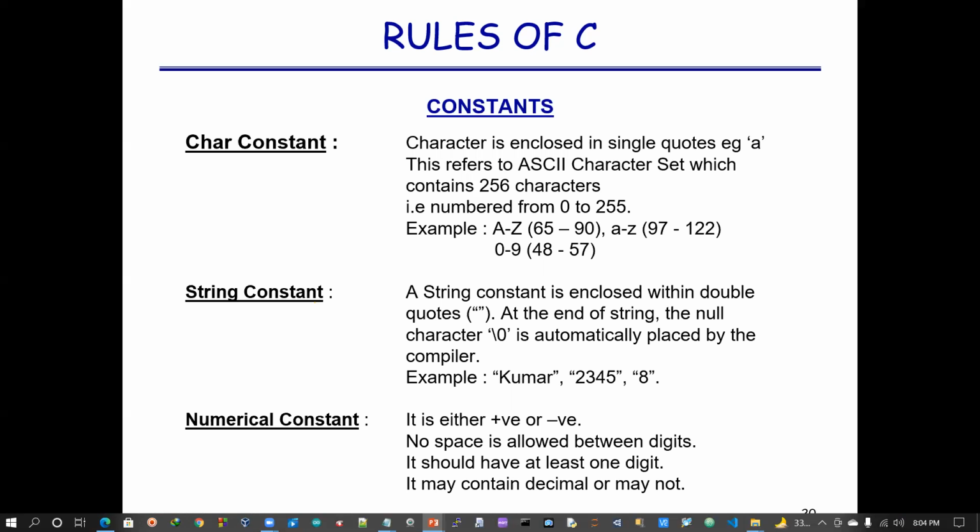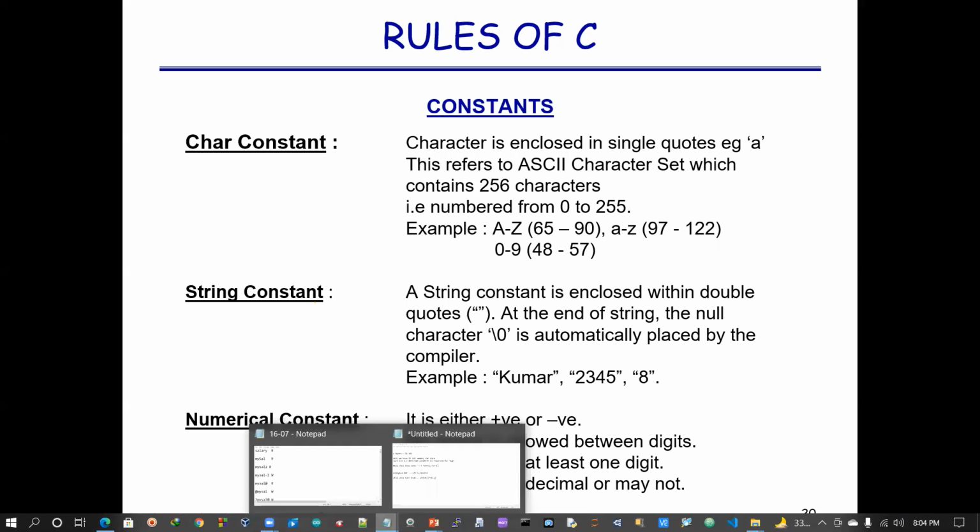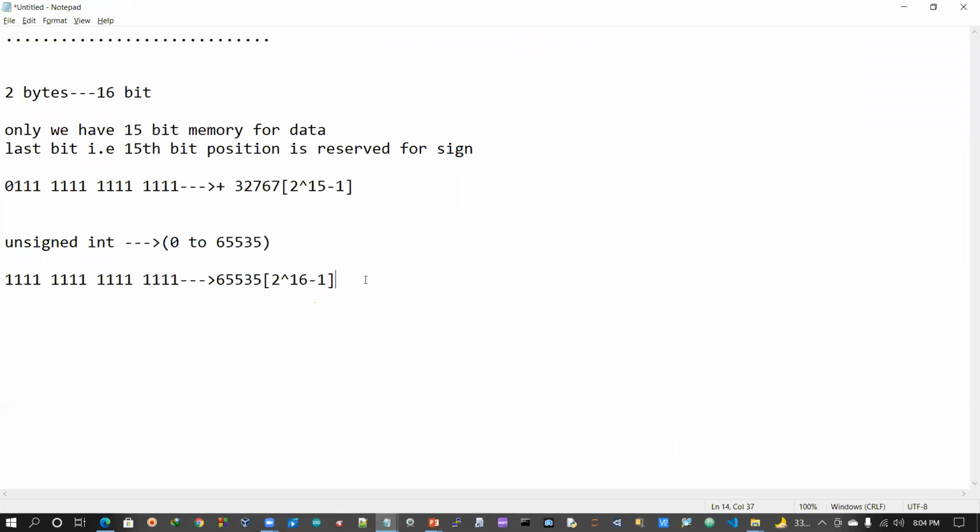For example, suppose I'm taking A, next B, next C, etc. For A, what is the ASCII value? 65. For B, 66.